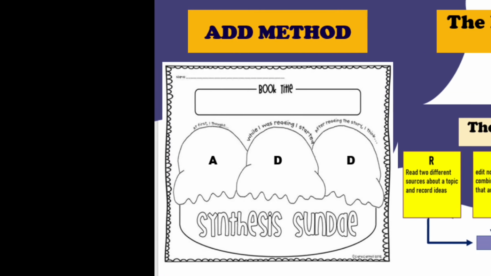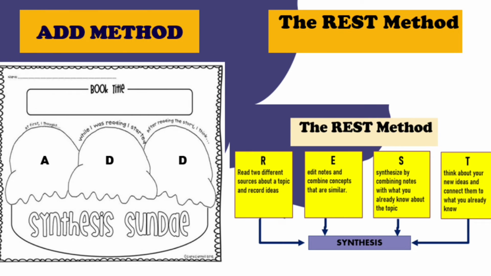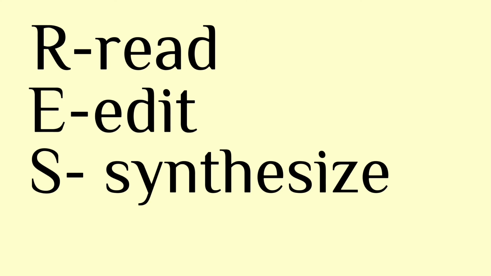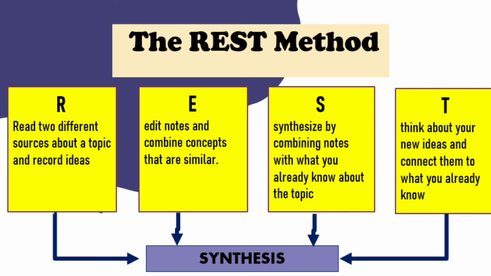Aside from the ADD method, you can also use the REST method. REST stands for R, read, E, edit, S, synthesize, and then T is to think. So for the R, you are going to read two different sources about the topic and record ideas. Then after that, you have the E, wherein you are going to edit notes and combine concepts that are similar.